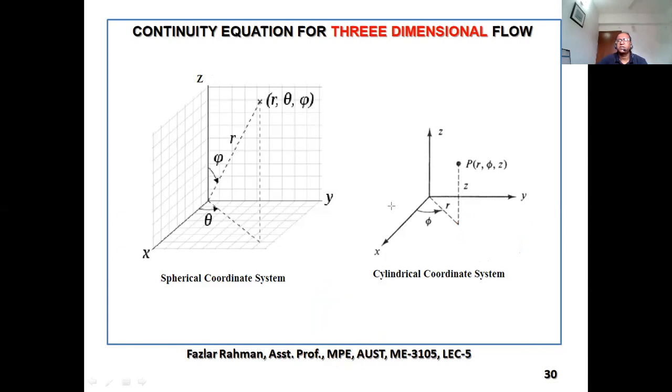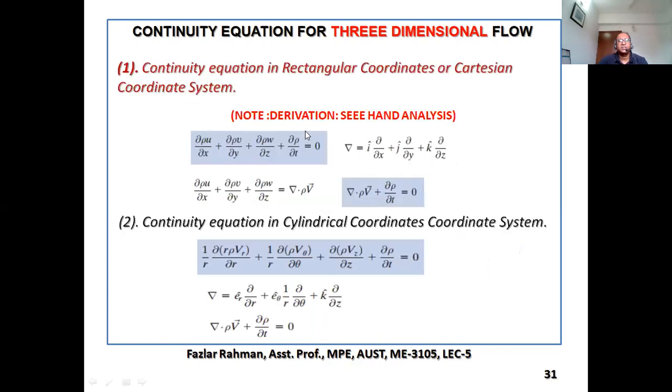I just refresh you, and I would like to show you what the form of the continuity equation will be in these two coordinate systems. Normally I derive these two equations, but here we will not derive them. I will just give you the continuity equation in cylindrical coordinates. So this is the form of the continuity equation in cylindrical coordinates. Okay. For spherical coordinates, I don't give you the equation.